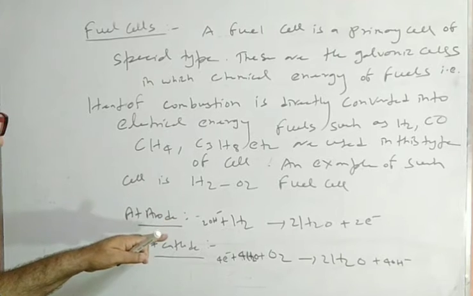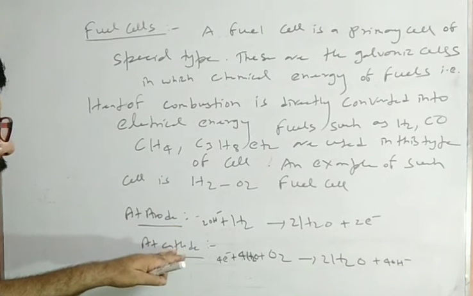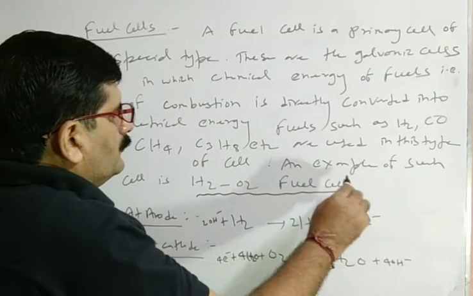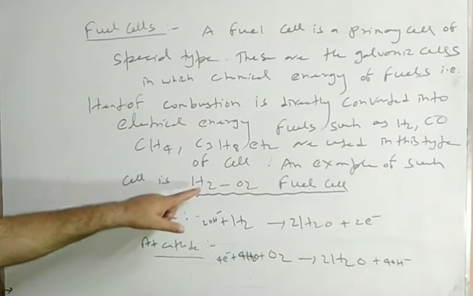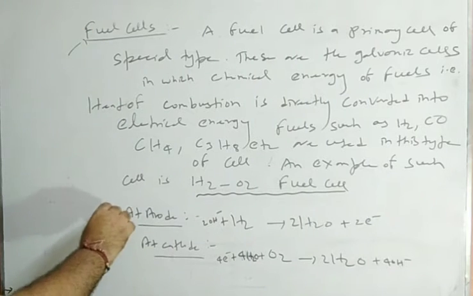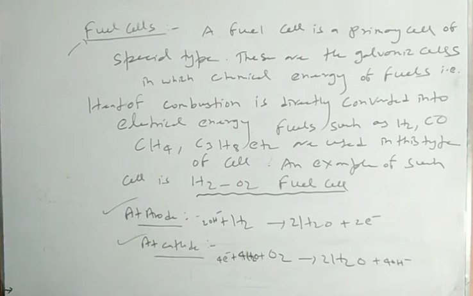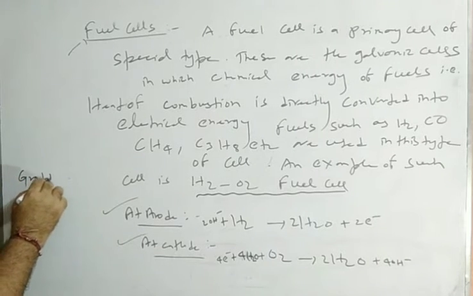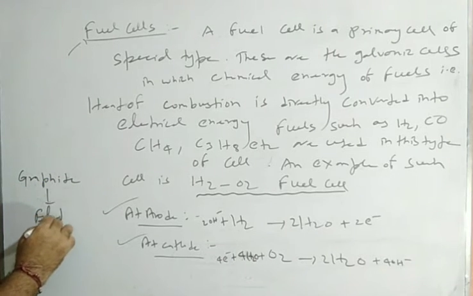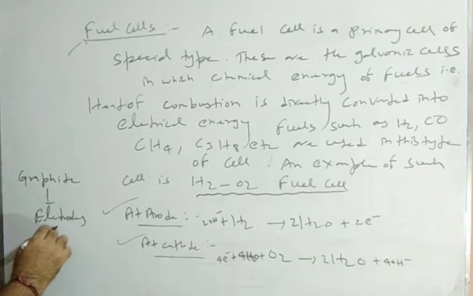The following pattern of cell reaction is possible if we consider the hydrogen oxygen fuel cell, an example of a fuel cell. At the anode, this reaction becomes what? At the cathode. Generally graphite electrodes are used.